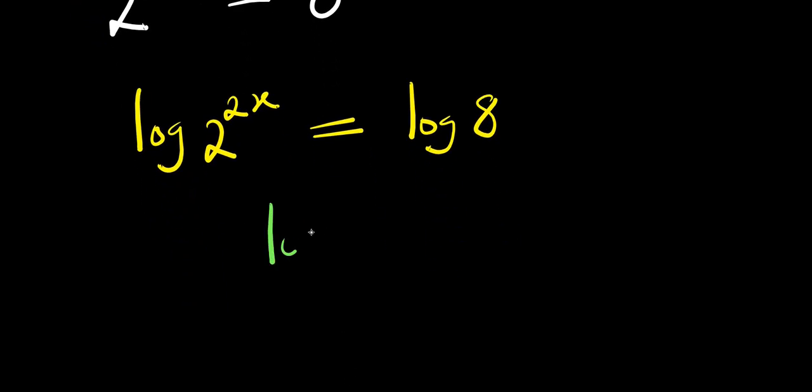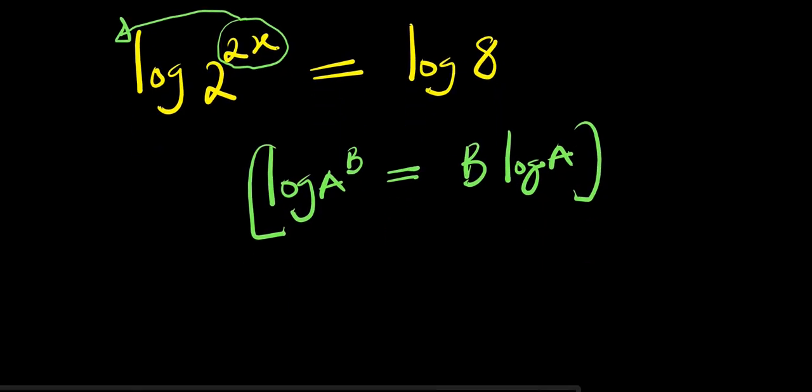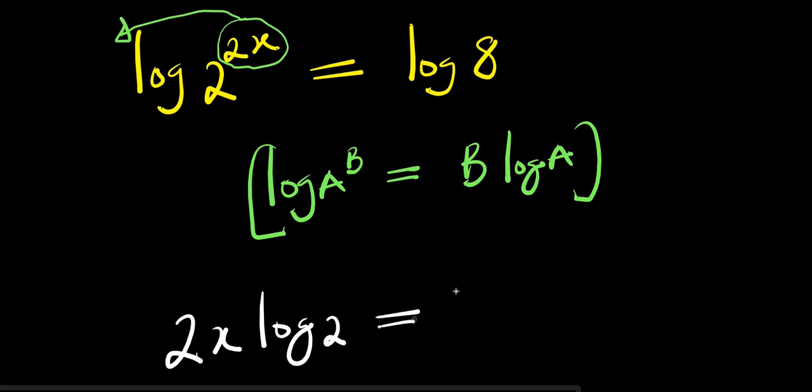Remember, log a power b equals b times log a. So 2x here comes behind the log. We have 2x log 2 equals log 8.